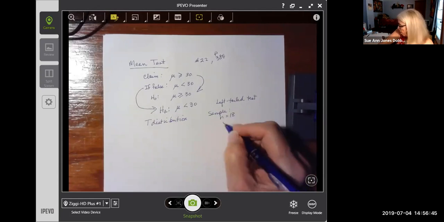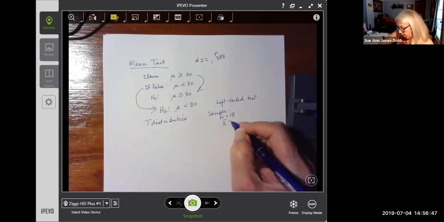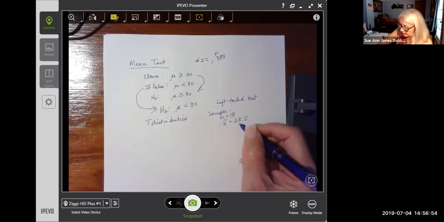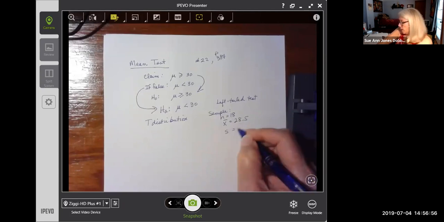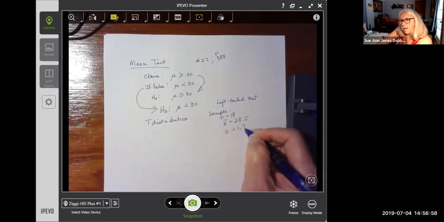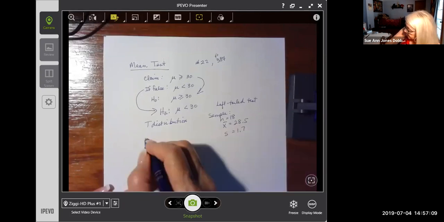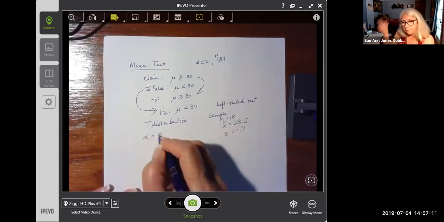X bar equals 28.5, because those 18 players had a mean battery life of 28.5, and S equals 1.7, because they had a standard deviation of 1.7 hours. Is there enough evidence to reject the claim at an alpha level of 0.01? So they're telling me my significance level is 0.01.